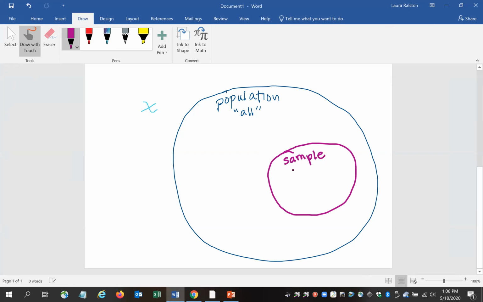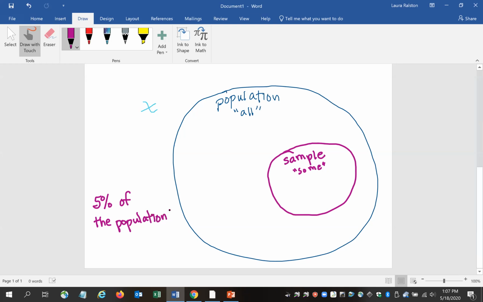And that's called our sample. And again, we choose some of them. Now, how many we choose is going to vary. There's kind of a rule of thumb within statistics that you want to try to do 5% of the population.